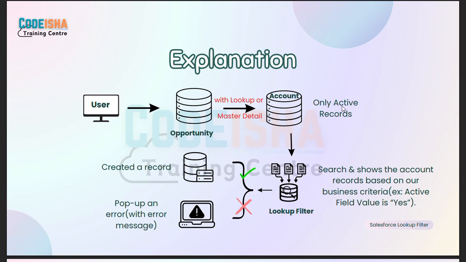Our specific requirement is that we only need active account records, so I'm giving active records here. Then, on search, the lookup filter shows the account records based on our business criteria. Only records that meet the criteria we gave when creating the lookup filter will be shown. Once it shows the record, the opportunity record will be created.